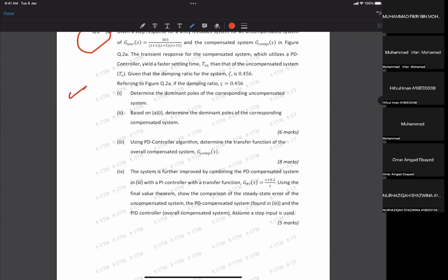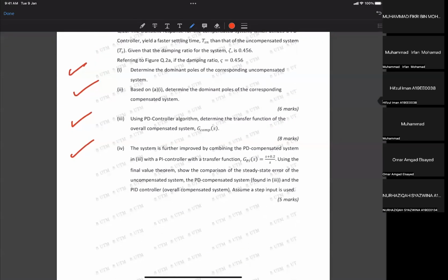Based on A1, determine the dominant poles of the corresponding compensated system. Using a PD controller algorithm, determine the transfer function of the overall compensated system G compensated S. For part three, the system is further improved by combining the PD compensated system with a PI controller with a transfer function G PI S equal to the function.